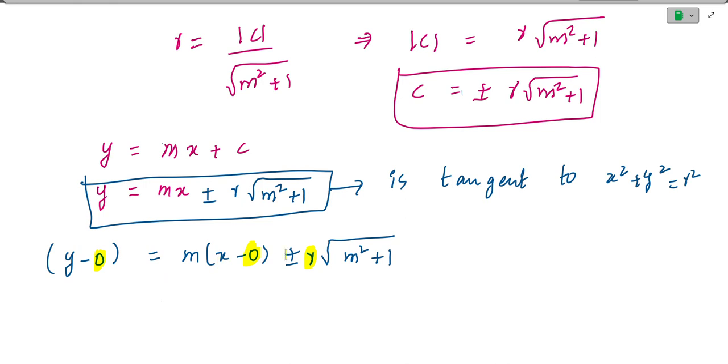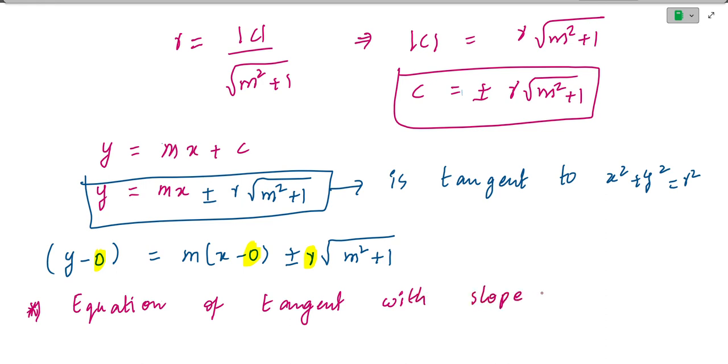Let us assume that the given circle equation is... the equation of tangent with slope m to the circle x square, not x square.